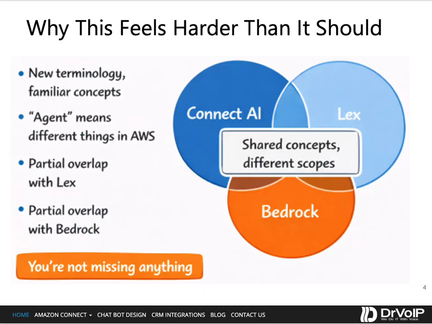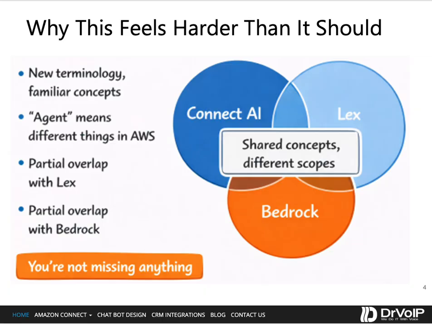When we say prompt, are we talking about the audio prompt that you add to a contact flow to play an announcement? Or are we talking about prompts that control the action of agents? So that's why it's a little messy. The terms and the vocabulary overlap, and it can get a little confusing.